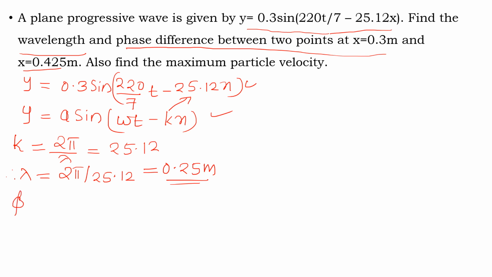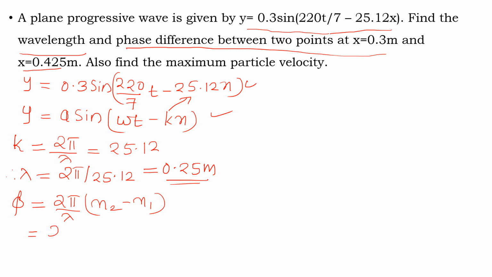That is, the phase difference phi between 2 points x1 and x2 at a time t will be 2 pi by lambda into x2 minus x1. This is the equation. We have to find out the phase difference phi.